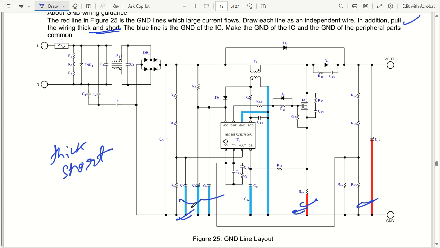So the blue line is near the IC, and make the ground of the IC and the ground of the peripheral parts common. It means this is the ground of the IC, the blue lines, and this is the ground of the outputs that you are seeing. So they have to have a very common line. They should not be different lines. You should not make a cut here and then connect it later. No, not needed. You make a common line. That's the main understanding.